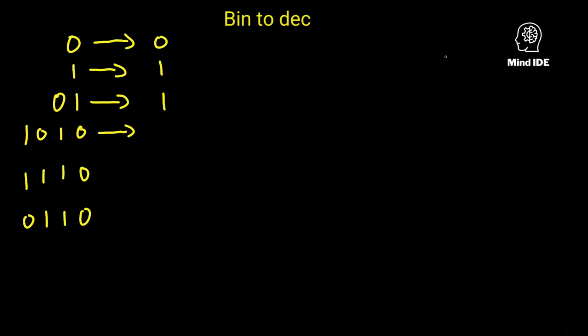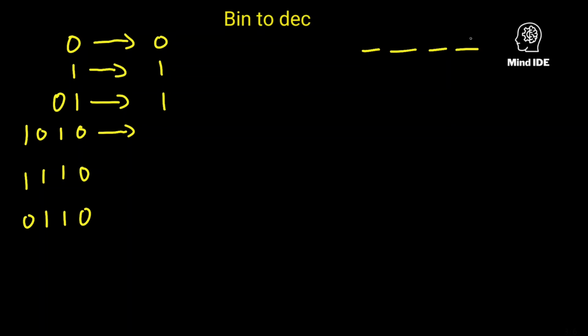So what you can think of with binary is basically we have different points here.